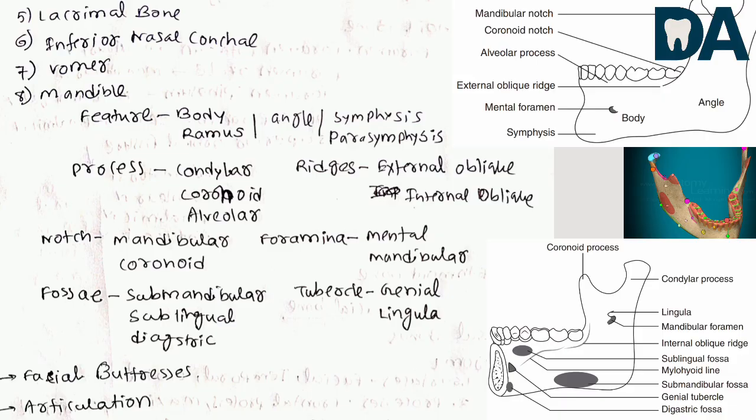Fossa. Submandibular fossa, sublingual fossa, digastric fossa. Submandibular fossa. Shallow depression present on the medial surface of the mandible to locate the submandibular gland. Sublingual fossa. Shallow depression present on the medial surface of the mandible to locate the sublingual gland.